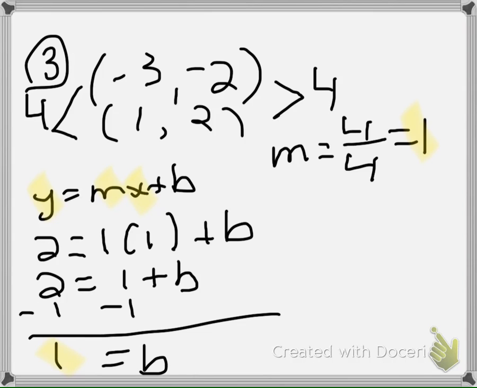I now have the two things I need for my linear equation, an m and a b, so I can write it. y equals, now I don't write 1 times x, okay, because 1 times x is just x. So to write it simpler, I just write x plus 1. If you wrote 1x plus 1, rewrite it as x plus 1, because remember that 1 times x is just x.